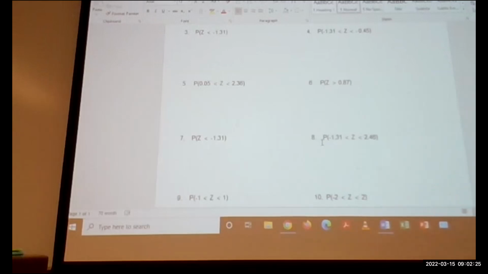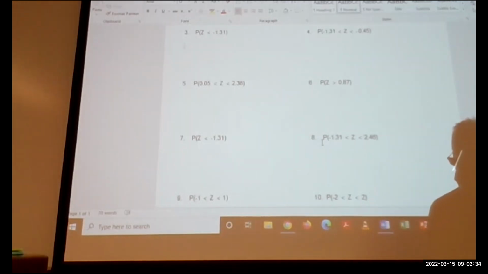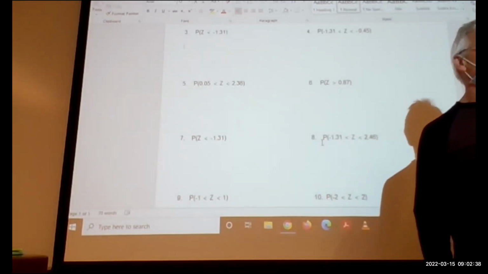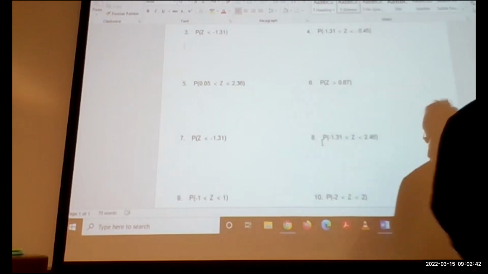You'd really have to have a very large population to have somebody that extreme. So if we're talking about human heights, 3 standard deviations away might be somebody closer to 8 feet tall, not 7 feet tall. You'd be talking extreme.